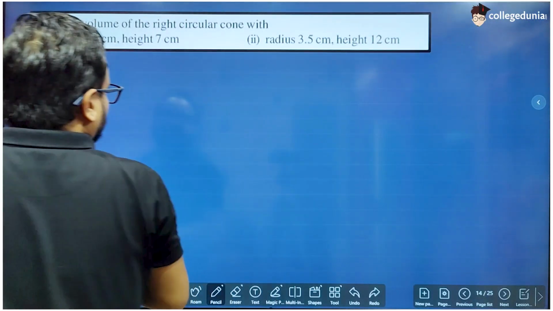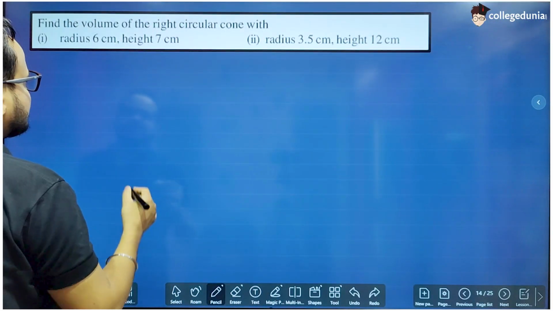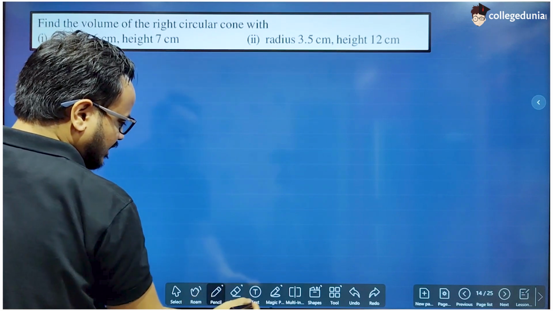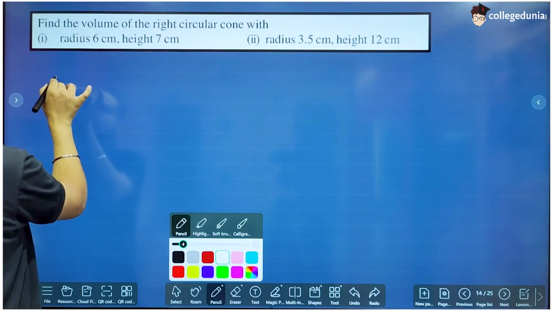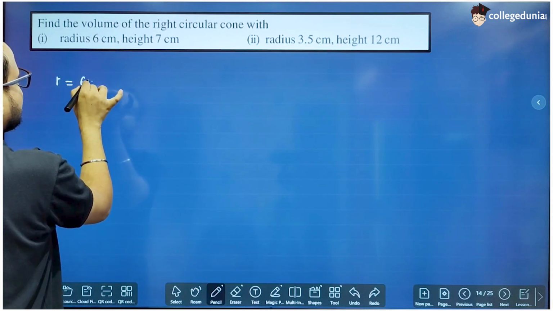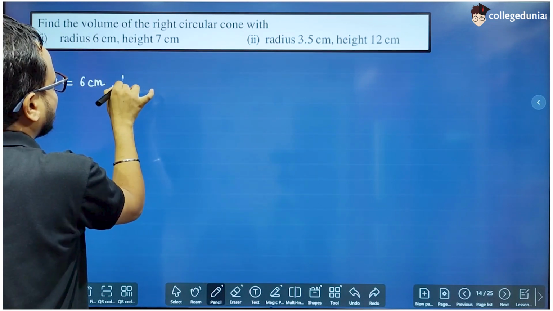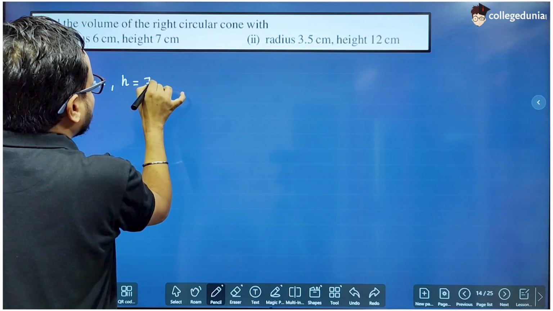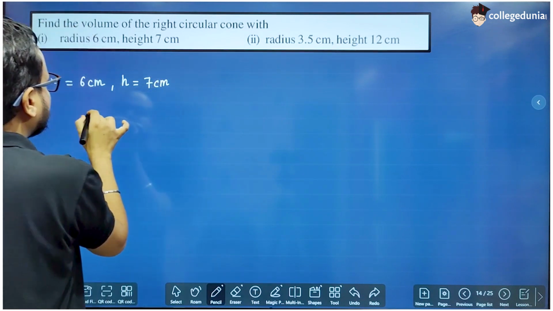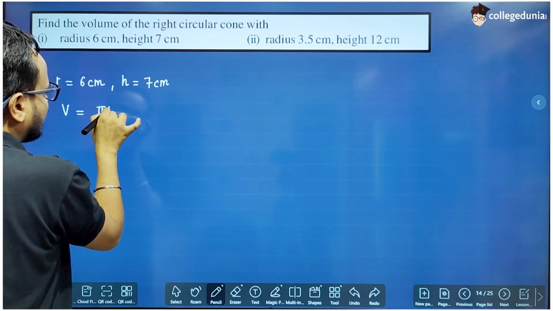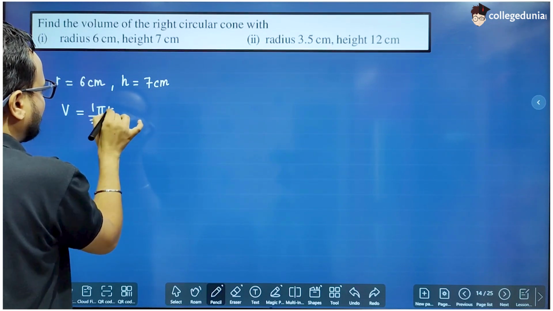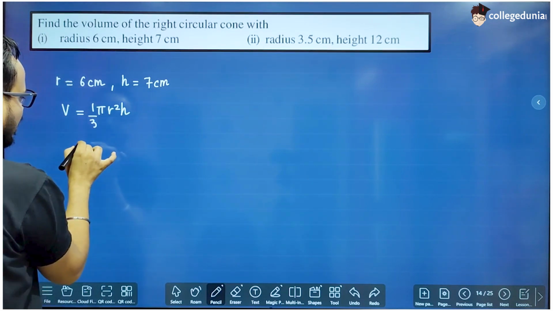Find the volume of a right circular cone with radius 6 cm and height 7 cm. So we have to find the volume of a right circular cone whose radius is 6 cm and height is 7 cm. So what is the volume? Volume is 1 upon 3 pi r square h.